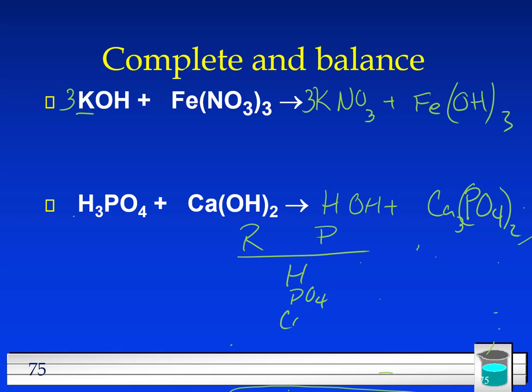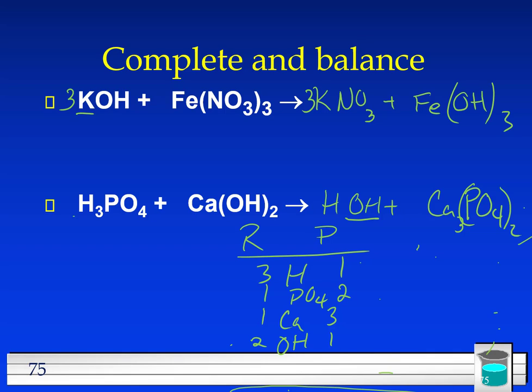And then I'll count Ca's, but I'm not going to count O's and H's. I'm going to count OH's, because that OH stayed together. Makes sense? So that's 3 H's, 1 PO4, 1 Ca, 2 OH's on the reactant side, 1 H and 1 OH in water, 3 Ca's, 2 PO4s.